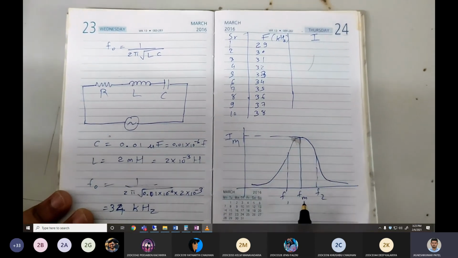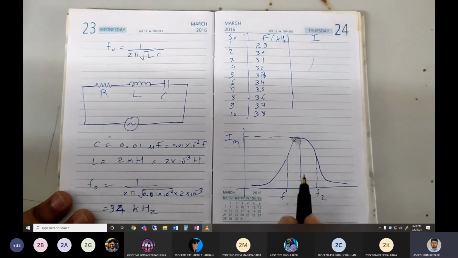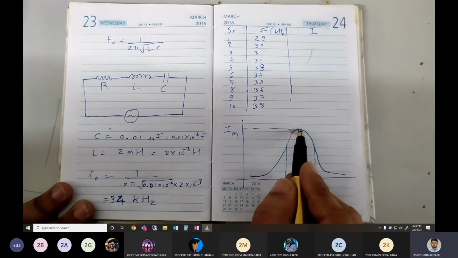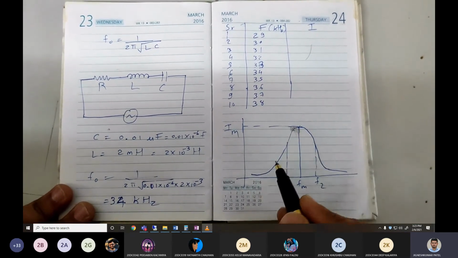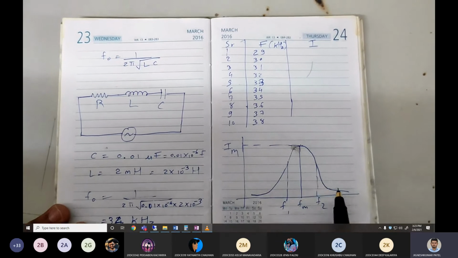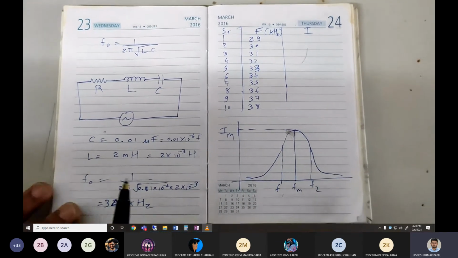We will see at which frequency we get the maximum current, and we will measure that before and after this frequency the current is decreasing.